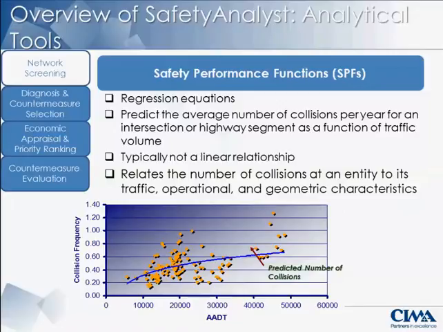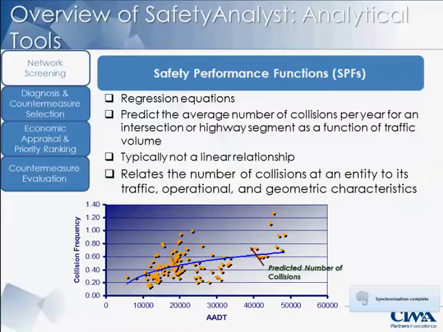This curve is referred to as a regression safety performance function, which relates geometry, because you create it for a four-leg signalized intersection, for example, and traffic control device, it's for signalized intersections. You create the same thing for unsignalized intersections. And also traffic characteristics, traffic volume, and number of collisions.